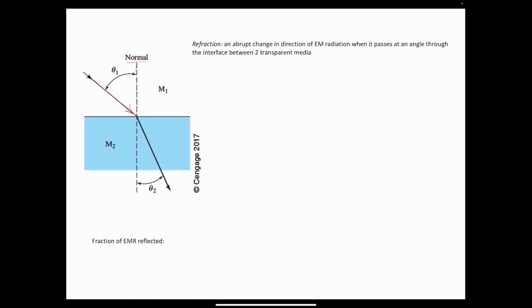Now, if the density of M2 is greater than M1, so for example, if this ray of light is coming from air into water, the beam is going to bend towards that normal. Now, the opposite would be true if M1 was in fact more dense than M2.